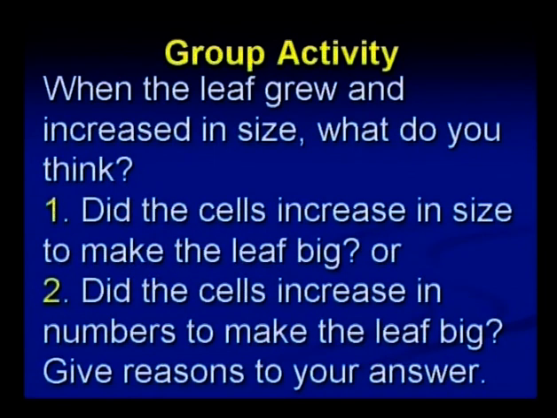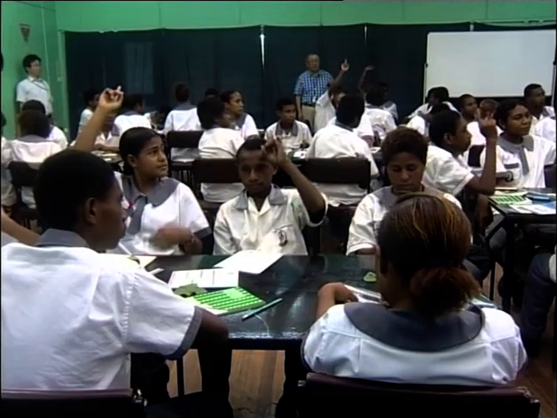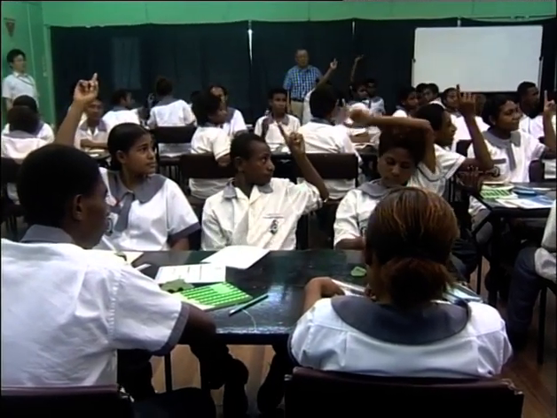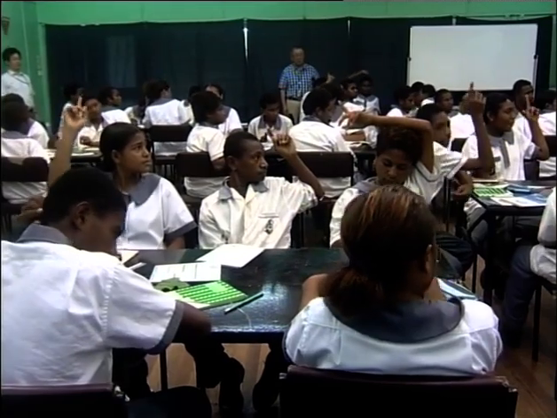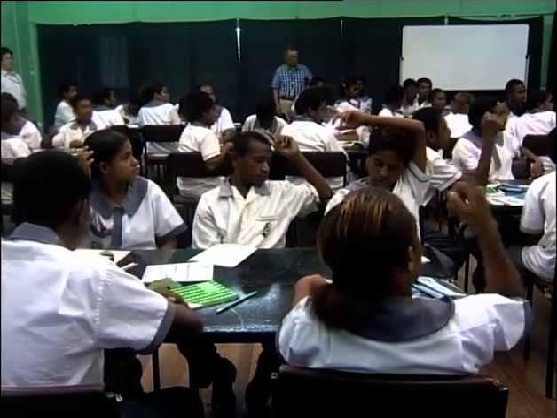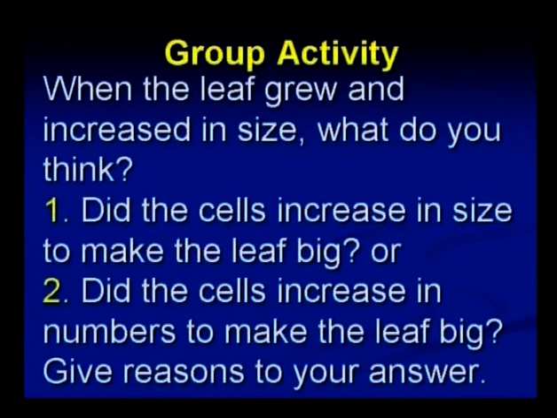Right. Let's see. How many of you went for the first one? Thank you. Be honest with yourself. You said the cells increase in size to make the leaf big. Good. Put your hands down. Now, how many of you went for the second one? The cells only increase in numbers. Very good. Hands down.